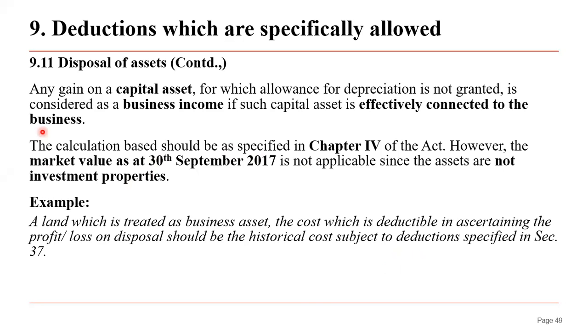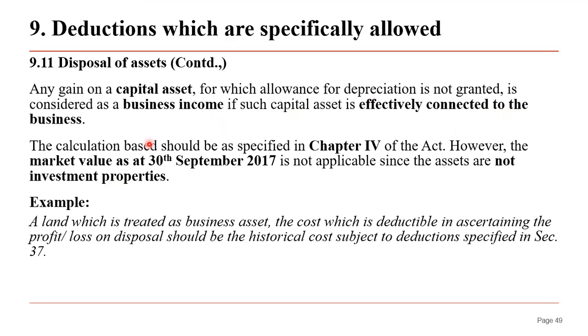Disposal of fixed asset. Any gain on a capital asset for which capital allowance for depreciation is not granted is considered as a business income if such capital asset is effectively connected to the business.